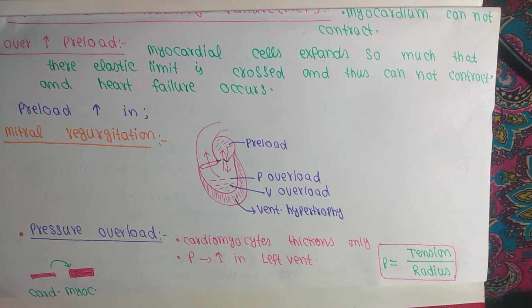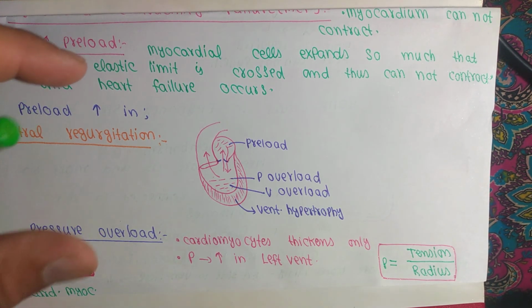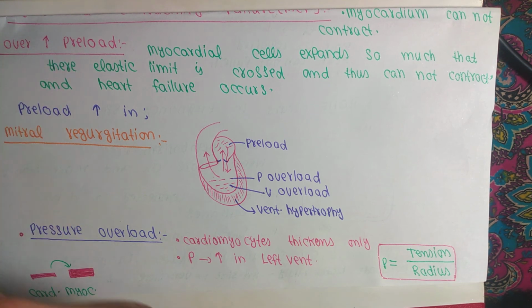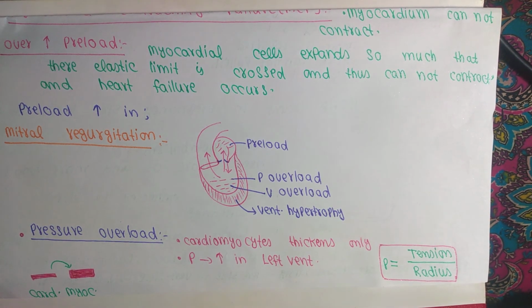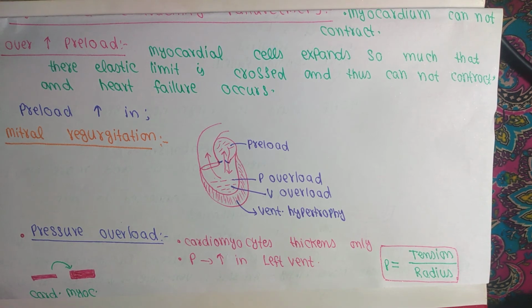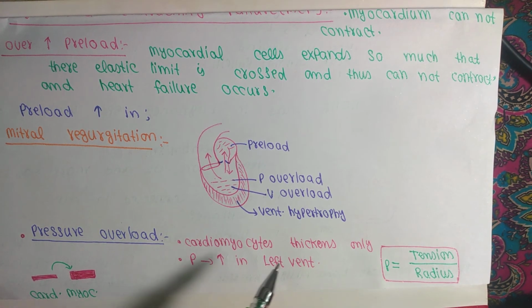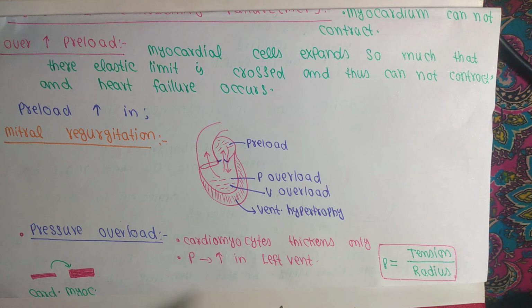So pressure overload is an increase in the pressure of the left ventricle or right ventricle, but here we are going to discuss the left ventricle. When the left ventricular pressure is increased, we say that this is a pressure overload. In this case, cardiac myocytes thicken in diameter but not in length.